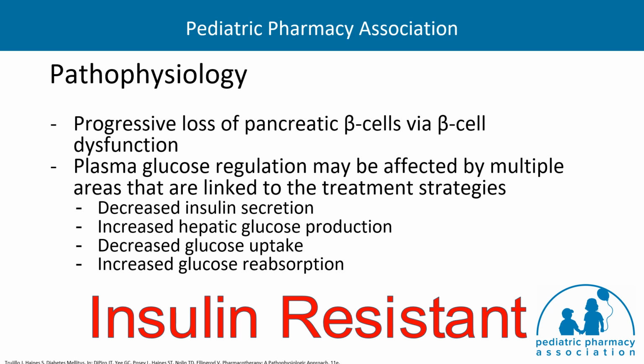And then finally, there's increased glucose reabsorption, and more glucose is absorbed into the bloodstream because the body's not recognizing that high blood sugar level. It's not responding appropriately. And above all, to contrast this with type 1 diabetes mellitus, we're really talking about insulin resistance, so the inability of the body to respond appropriately to insulin.